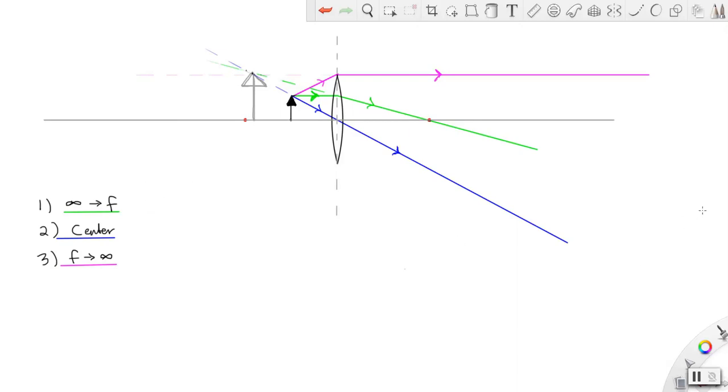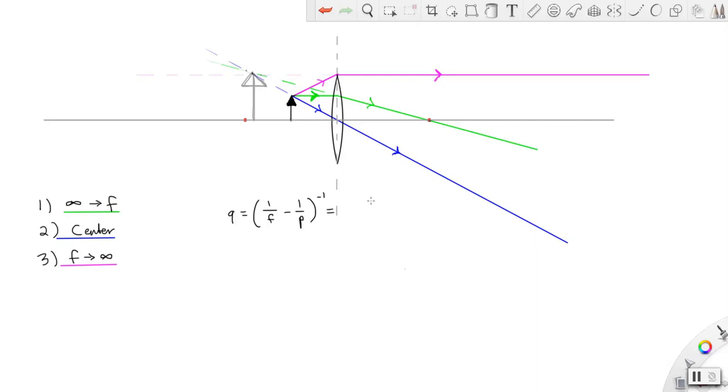Now let's run our equations and see if we get anything close to that. We'll go through the same process again, and remember Q was (1/F minus 1/P) to the negative 1.